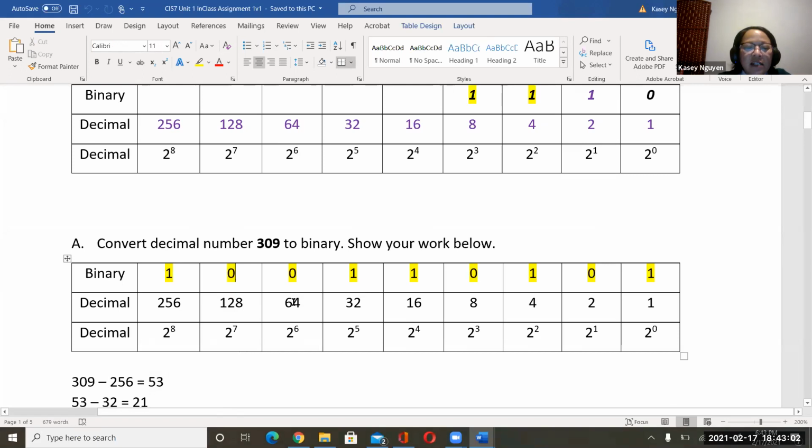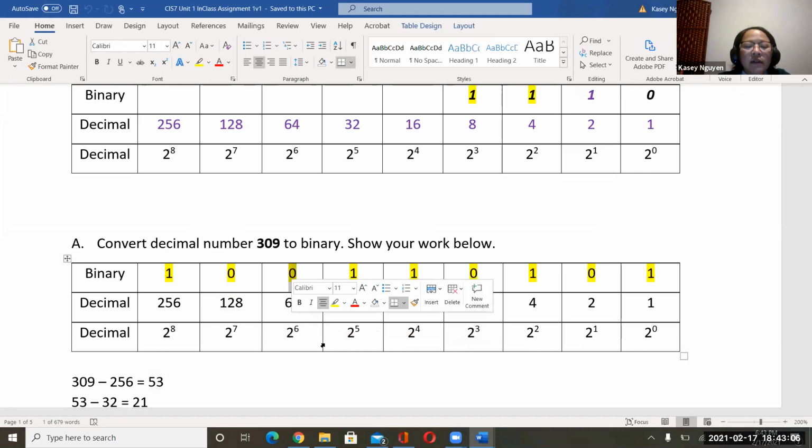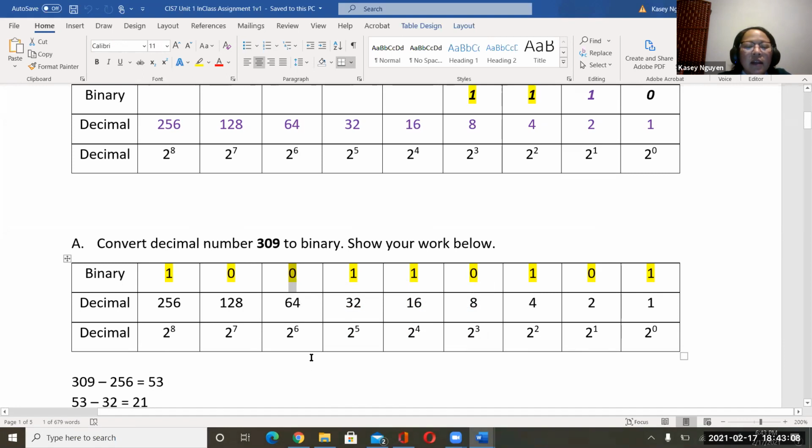I cannot subtract 64. No, too large. 0. But when I get to 32, I can subtract 32. So I take 53, subtract 32, and when I subtract it, I have to put a 1 on top. Don't forget, because that changes the value if you miss a 1.